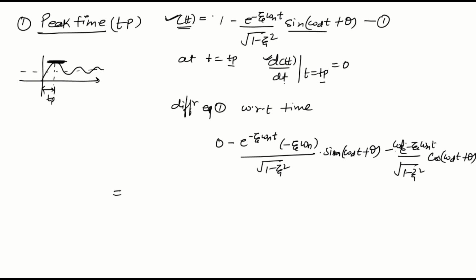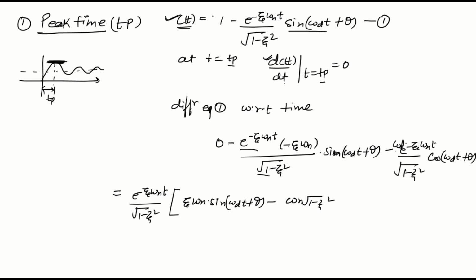We can take these two terms common, so e raised to power minus zeta omega n t divided by square root of 1 minus zeta square can be taken common. Minus minus will be plus. So inside I get zeta omega n into sine omega d t plus theta, minus omega d, which I can write as omega n square root of 1 minus zeta square, into cos omega d t plus theta.